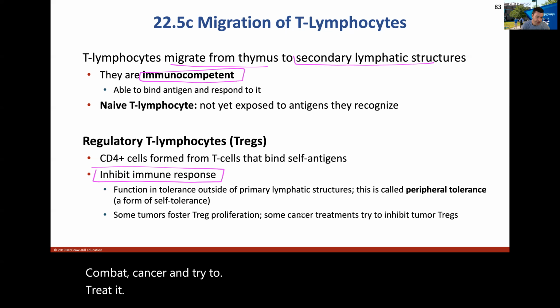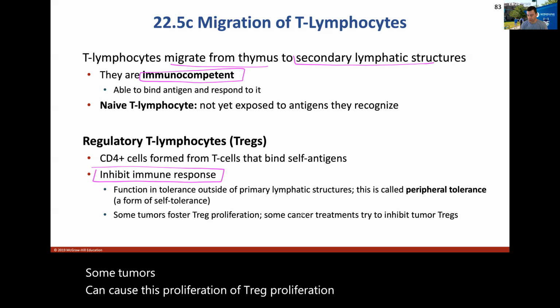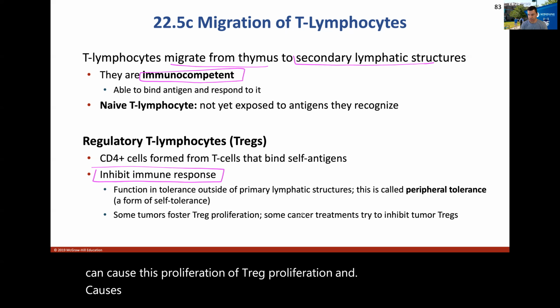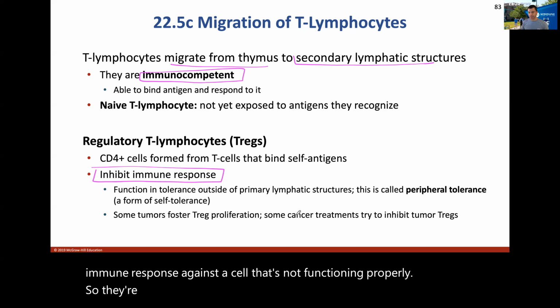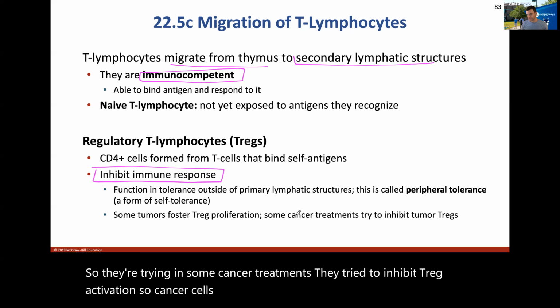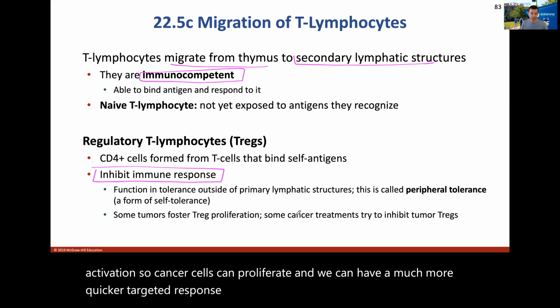Some tumors can cause Treg proliferation and cause those cancer cells to not be seen, and the body doesn't mount an immune response against a cell that's not functioning properly. So in some cancer treatments, they try to inhibit Treg activation so cancer cells can't proliferate and we can have a much quicker targeted response without a proliferation of cancerous tissues.